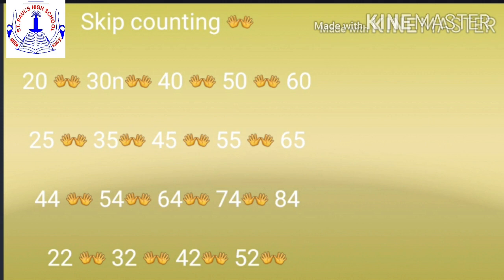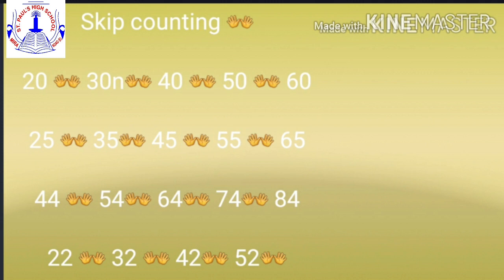Now see here, 5 I have written in the ones place, 2 in the tens place, so your number is 25. So in skip counting 10 now, which will be the next number, children? Again 5 you will write as it is in ones place, and after 2 which number comes? 3. So you will write 3 in tens place, and your number will become 35.